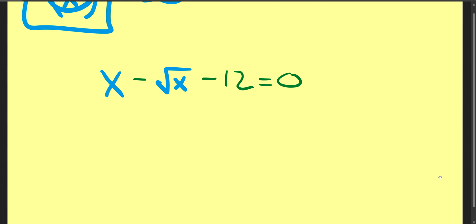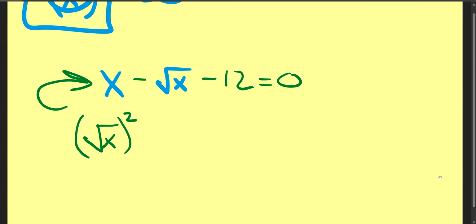I could take the middle term here and make it the square root of x, put it in parentheses, and square it. Now this first term is something raised to the second power, and that something is the square root of x, squared, which equals x, so it's the same thing. I just rewrote it in a different form: minus the square root of x minus 12 equals 0.